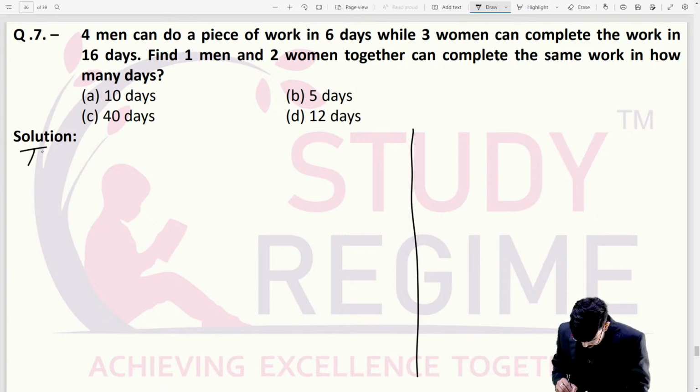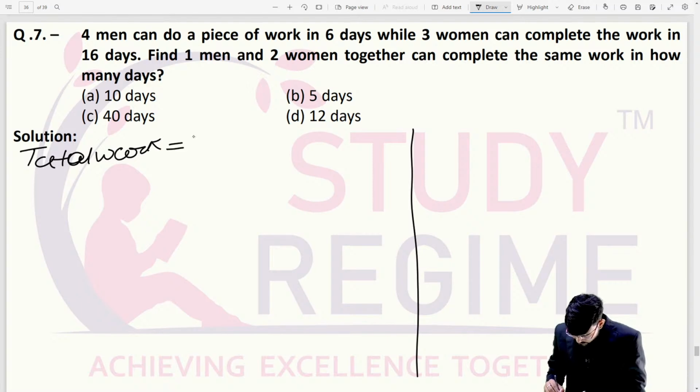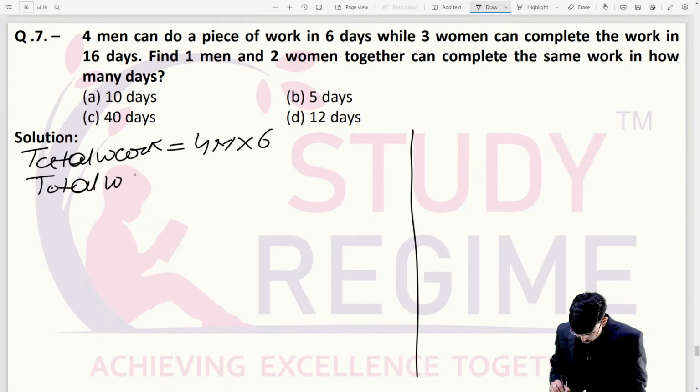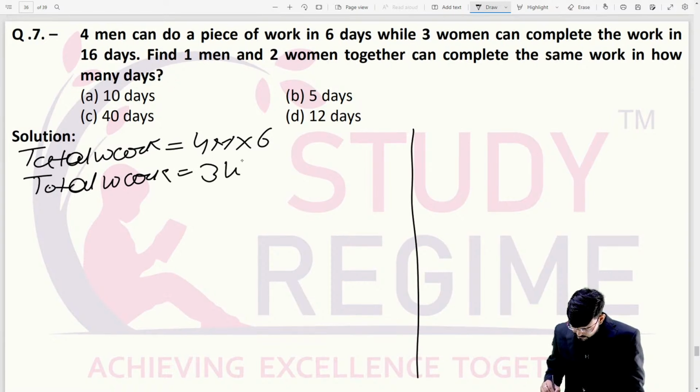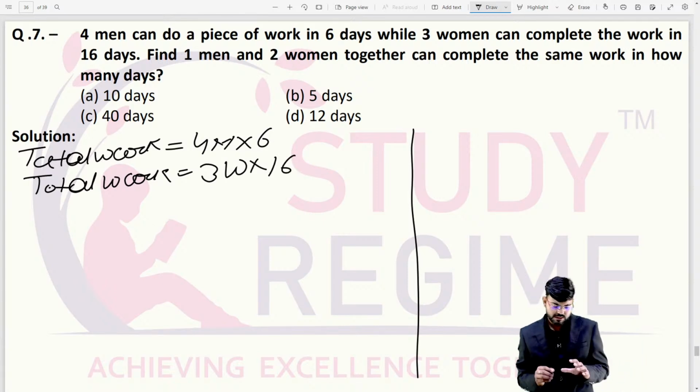How I will write it like this: total work is equal to either you write 4 men into 6 or total work will become 3 women into 16. Got it? This is the total work.